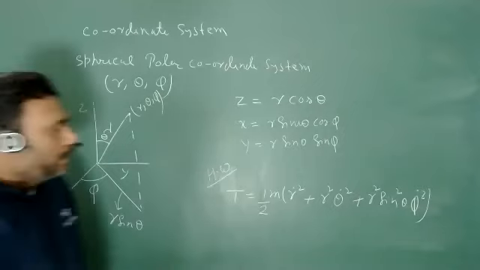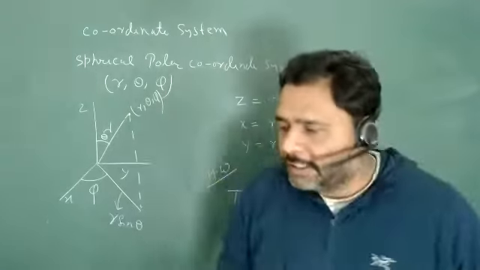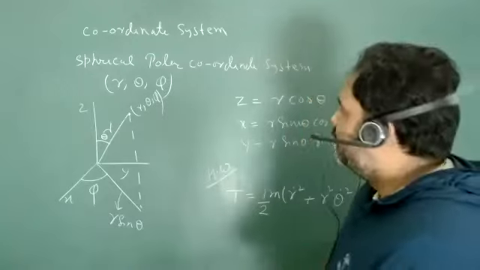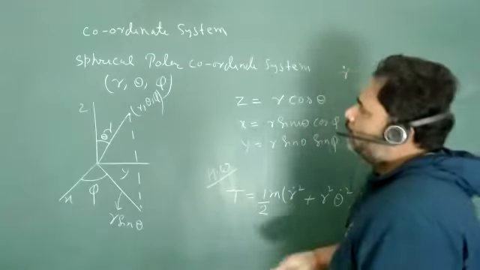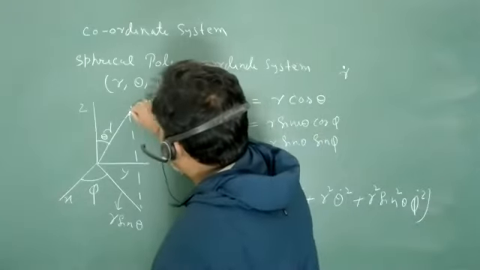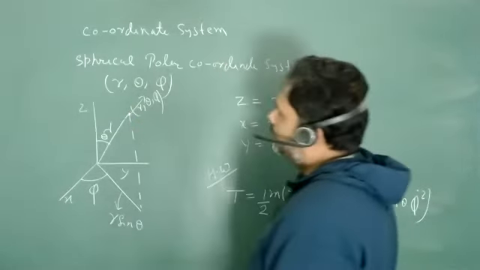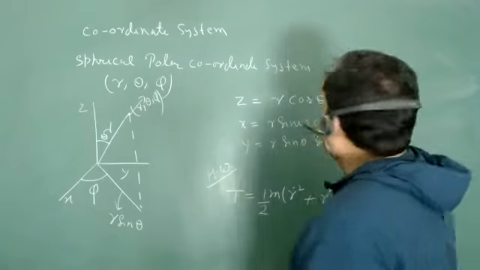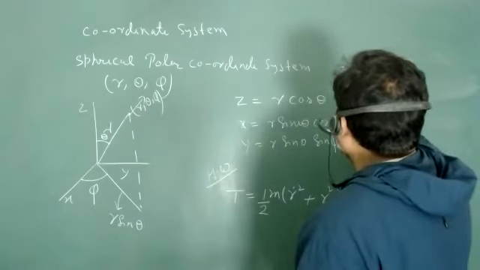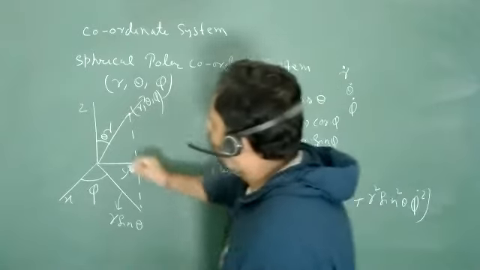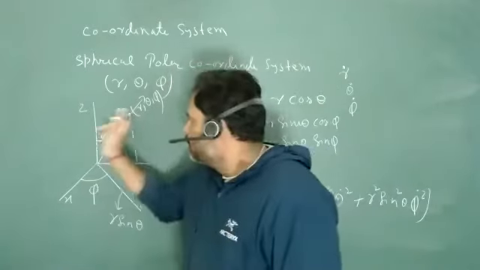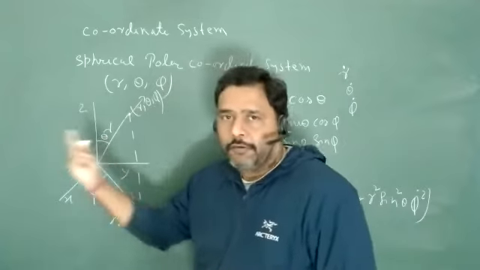Now, what are the generalized velocities here? There are three generalized velocities. The first is r dot, which is in the radial direction. Another is theta dot, and another is phi dot. Phi dot tells you about the azimuthal rotation.